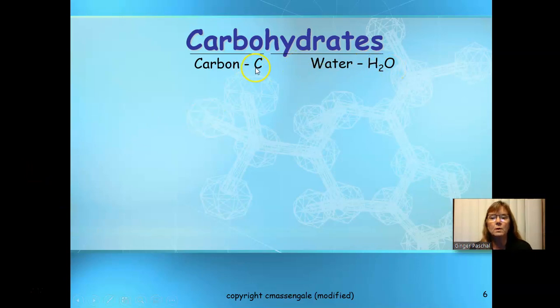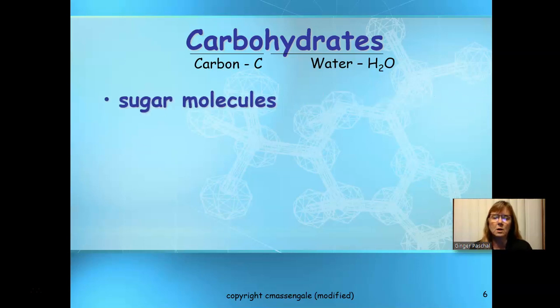You should have 1 carbon for every 2 hydrogens for every 1 oxygen, approximately. It's a pretty good rule of thumb. So you would have a 1 to 2 to 1 ratio of carbon to hydrogen to oxygen. Or you could say you have 1 carbon for every 1 H2O. It's a much easier way to remember it.